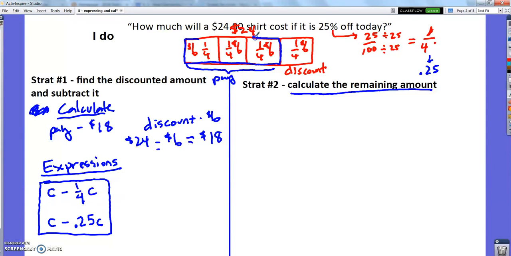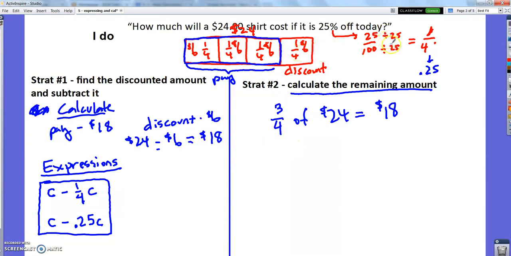I pay 3/4 of it. I don't pay $6, but I do pay $18. So it's really just looking at 3/4 of the $24 is $18. I just look at the price I do pay.